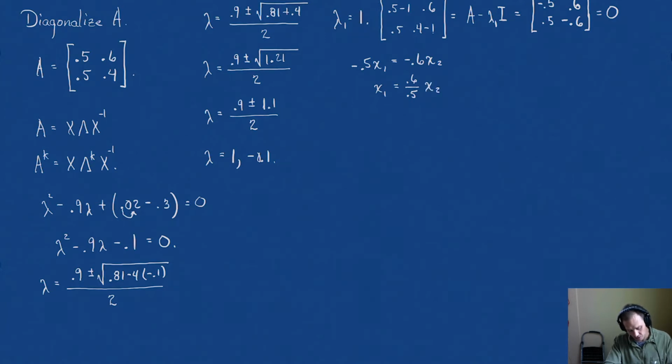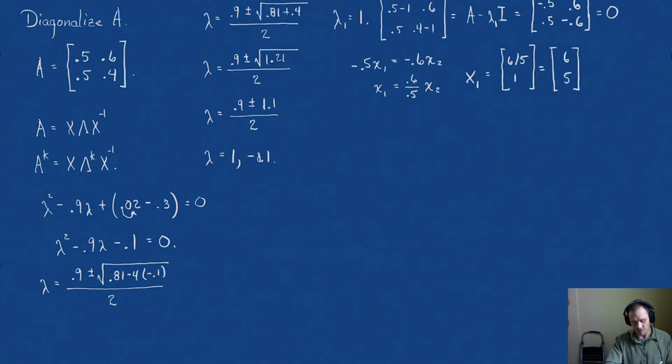So x2 is free, so we can write our first eigenvector as 6/5 times 1. Now we can take any multiplier, so let's multiply it by 5. This becomes 6, 5. There is the first eigenvector.